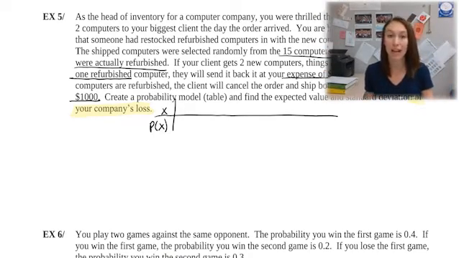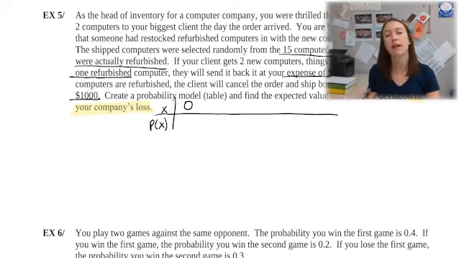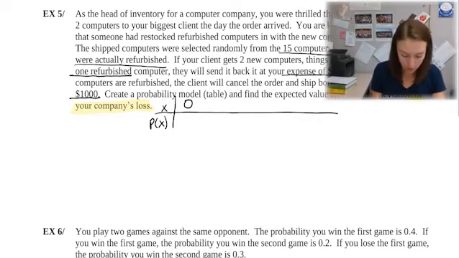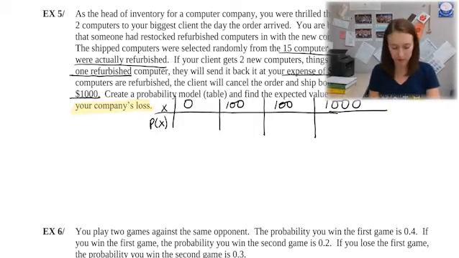So when you're figuring out what X represents and the probabilities, you're going to be using the company's loss. So the company could lose $0 if you shipped them 2 new computers. Or the company could lose $100, and there's actually 2 ways that that could happen, so I'm going to write 100 twice, and we'll talk about that. Or the company could lose $1,000.